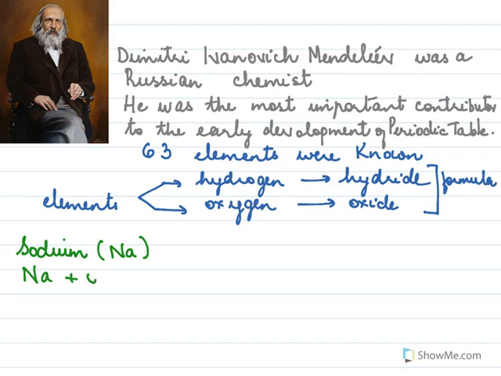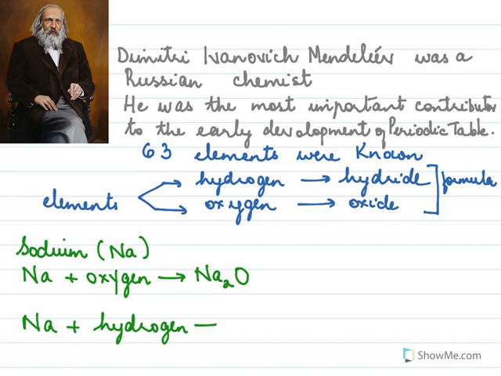Sodium, Na is its symbol. When sodium combines with oxygen, it gives an oxide, and the oxide is Na2O. And when sodium combines with hydrogen, you get a hydride, and the hydride is NaH.